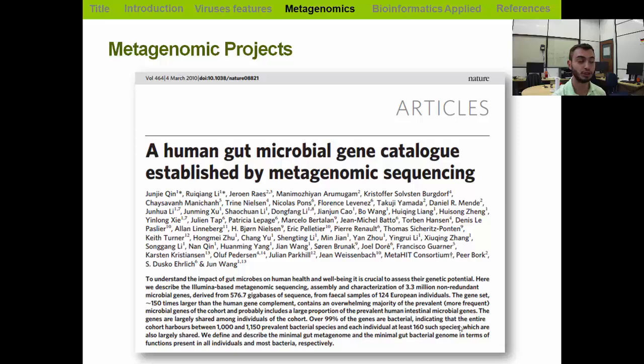And here I start to show you some metagenomic projects. The first ones are more general, total metagenomic projects. This is a human gut microbial catalog, where they tried to catalog 3.3 million different, non-redundant genes from our gut microbial community.